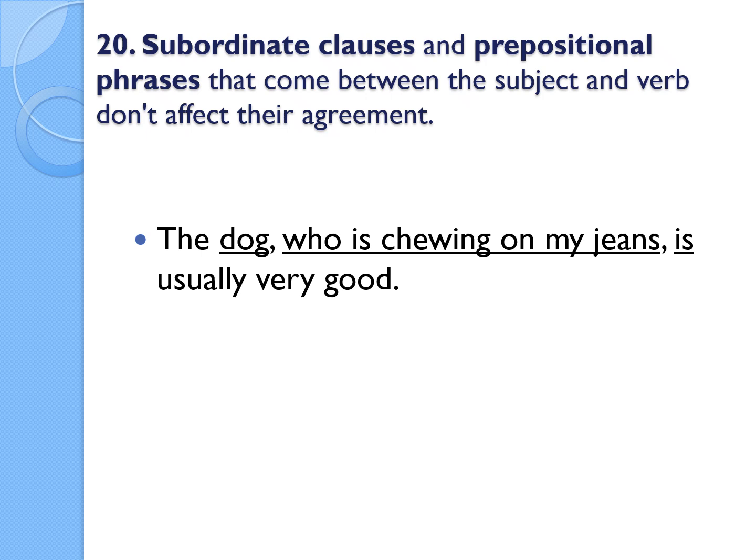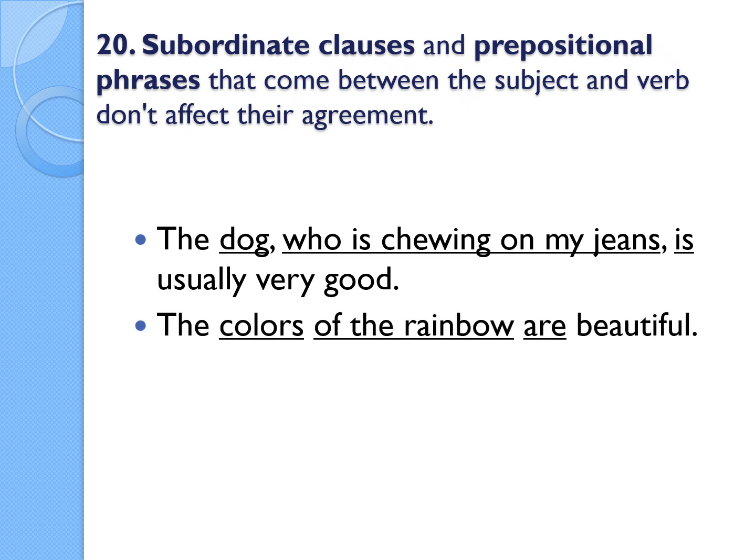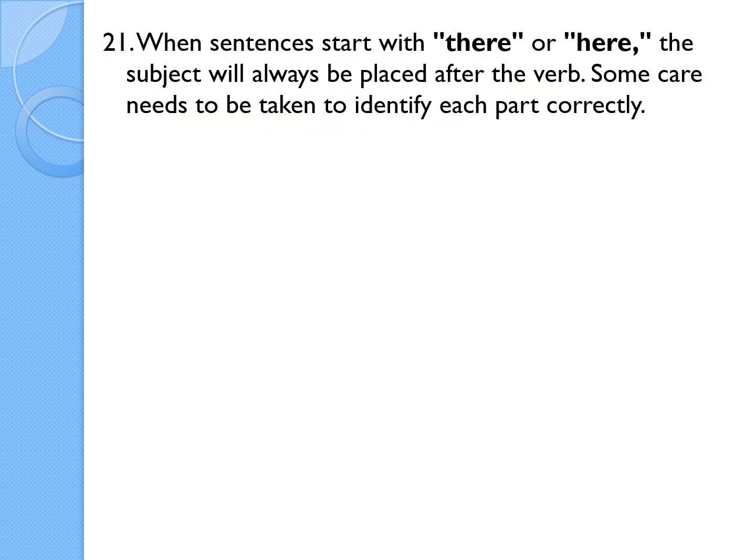The dog is a singular subject, therefore it uses the singular linking verb is. The colors of the rainbow are beautiful. Our subject is the colors; of the rainbow is the prepositional phrase. It does not affect the subject, the colors. The colors is a plural subject. Therefore, the verb used is are, a plural verb.